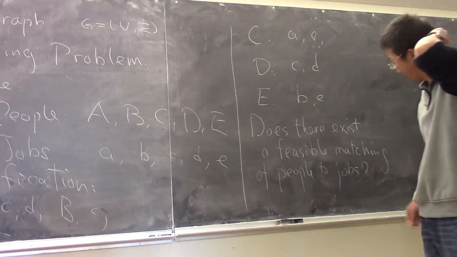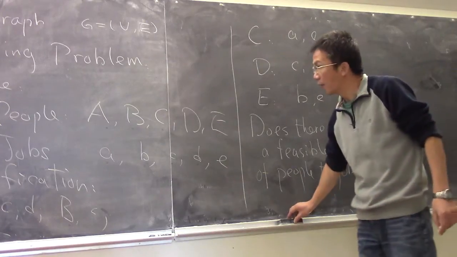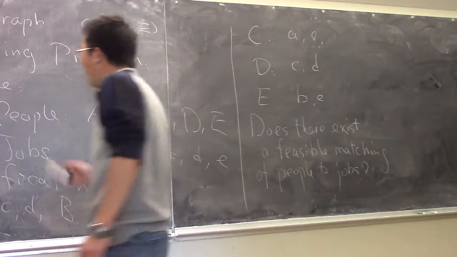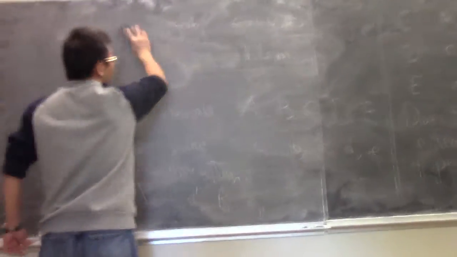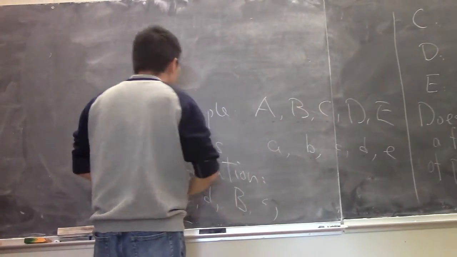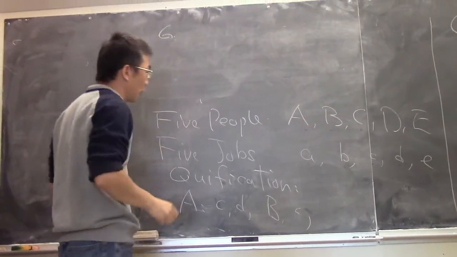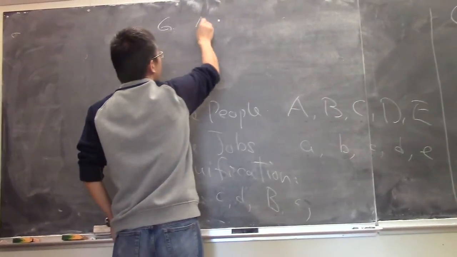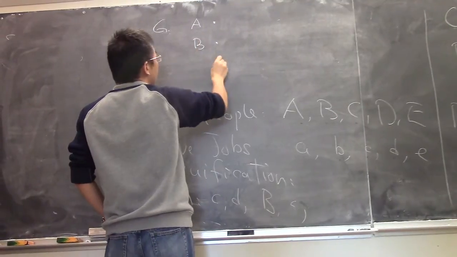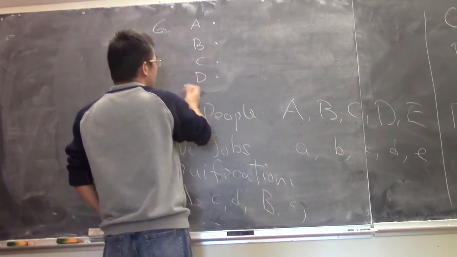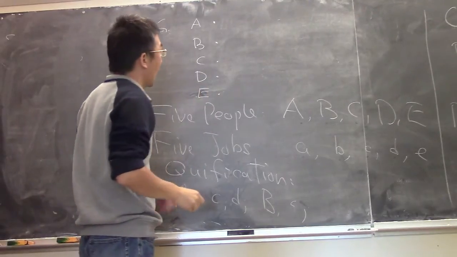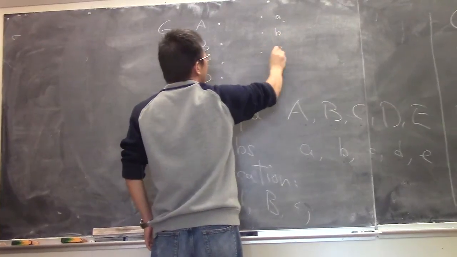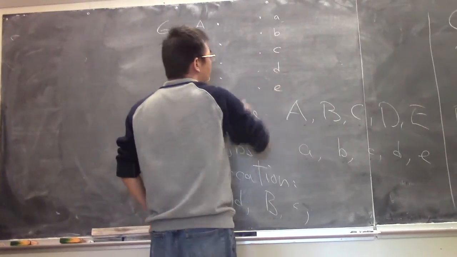Now, of course, for graph theory, what we want to do is build up a graph and then study the properties of the graph. So G is a graph. I have 5 people, which I denote A, B, C, D, E. And I have 5 jobs, little a, little b, little c, little d, little e.